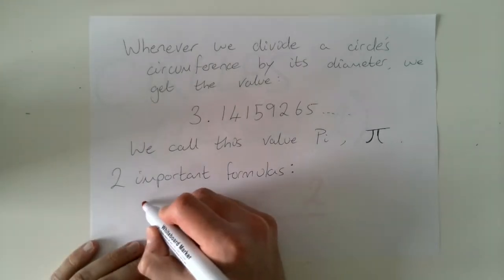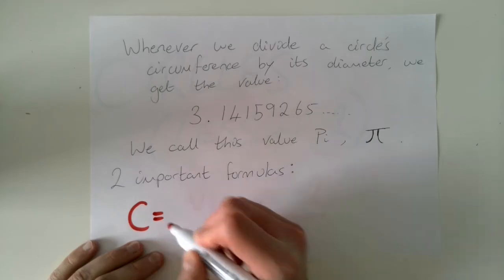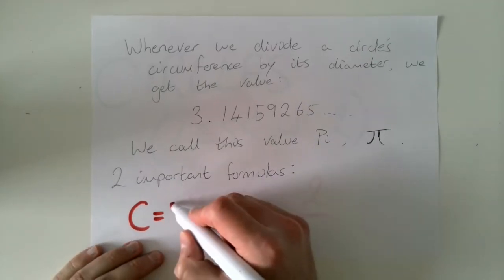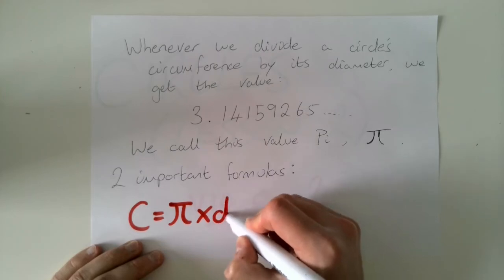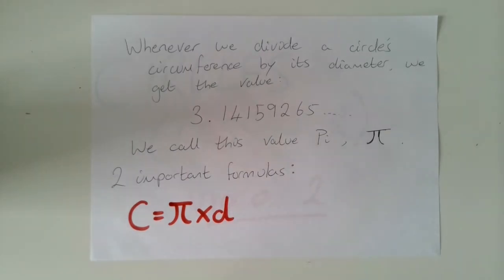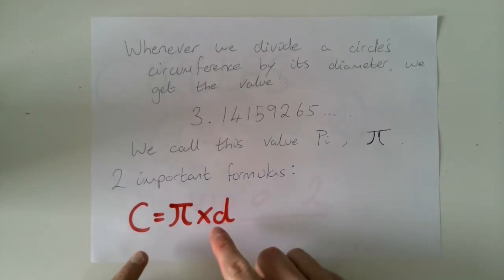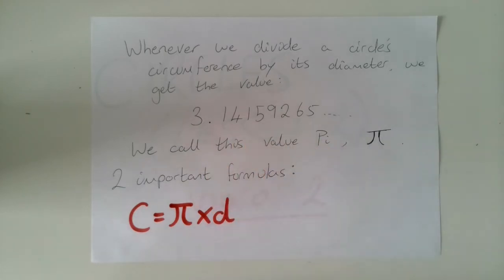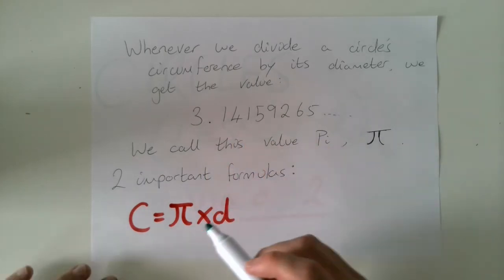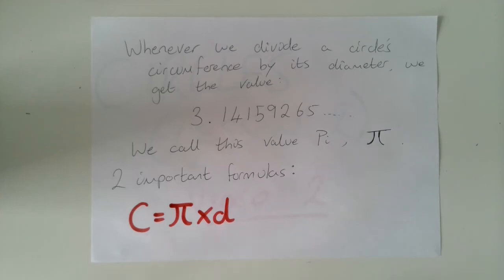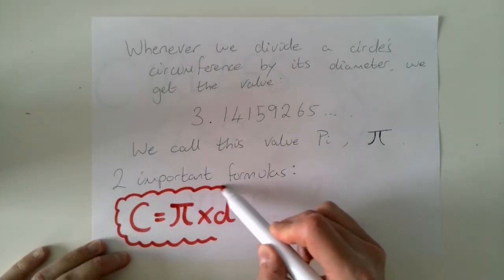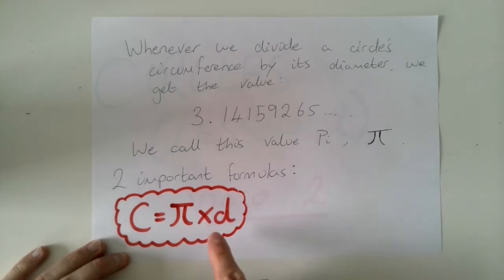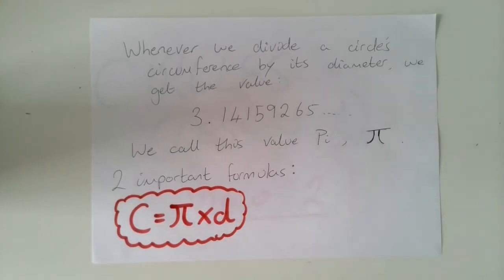The first one is that the circumference can be written as pi times the diameter. I guess this is a rearrangement of the calculation we did in our table. So to find the circumference of any circle, if we've got the diameter, we multiply it by pi and we get the circumference.